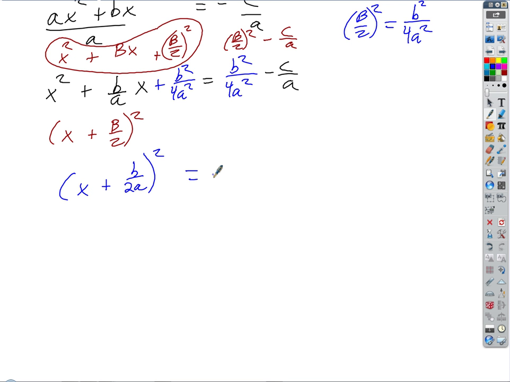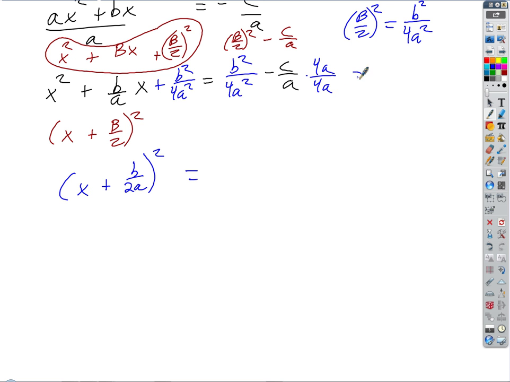Well, what would I have to do to combine these fractions? I've got to get a common denominator, right? What's my common denominator going to be? 4A squared. Okay, so what do I have to multiply this one by then? Yeah, 4A over 4A, right? To get a 4A squared on the bottom.